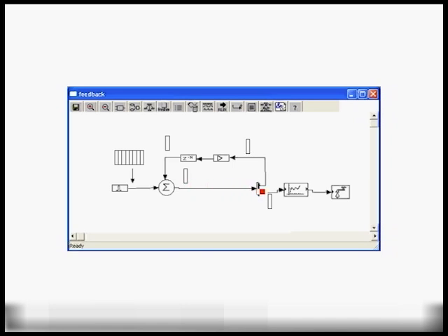Now the sample gets input to the node block, which generates a sample, forks the sample out to its output ports, port 0 here and port 1 here, and outputs one sample, outputs another sample to the gain block, which outputs a sample. The delay block delays its input sample.